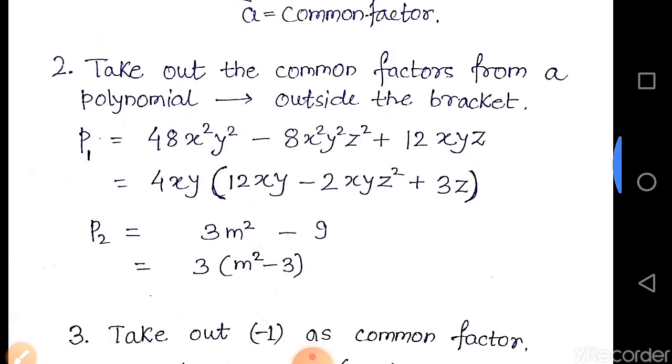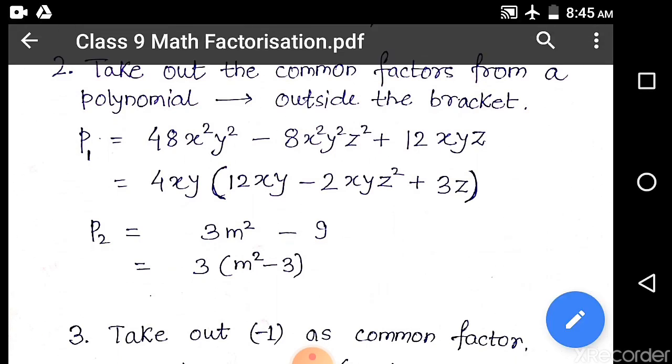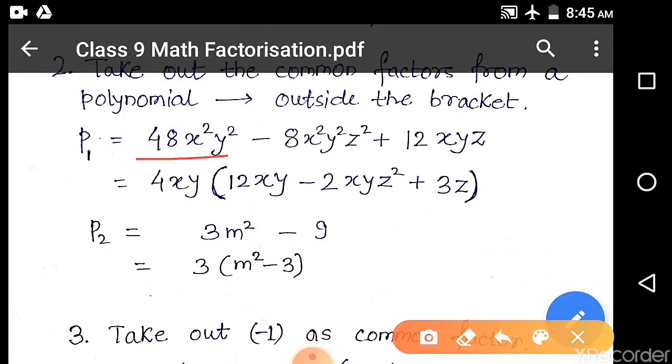The same terms I have mentioned here as a polynomial p1: 48x square y square minus 8x square y square z square plus 12xyz. As you know, in the previous example 4xy became the common factor of all three terms.